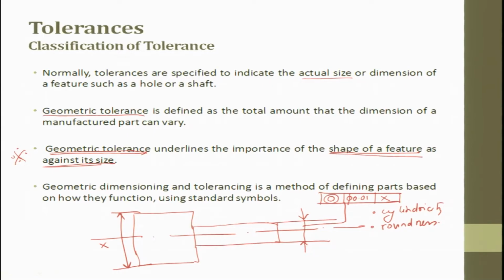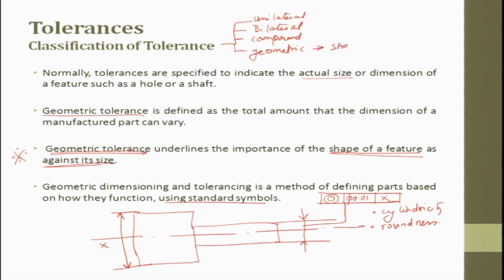Geometric dimensioning and tolerancing is a method of defining parts based on how they function using standard symbols. So, this is a standard symbol. Till now we saw unilateral, then we saw bilateral, we saw compound, and now I have introduced you to geometric.